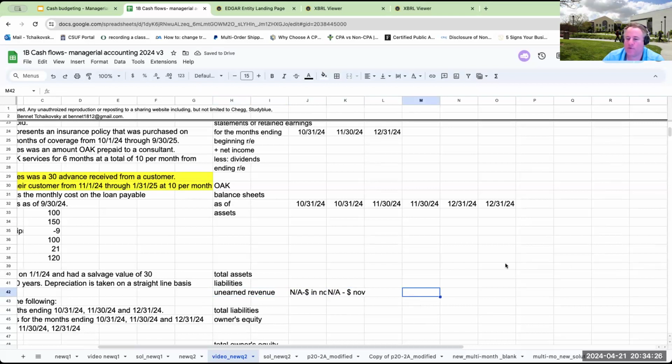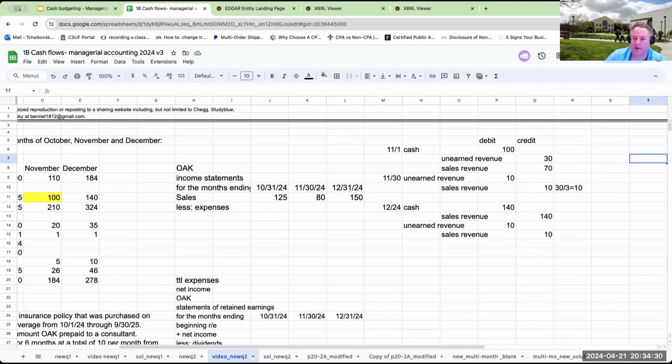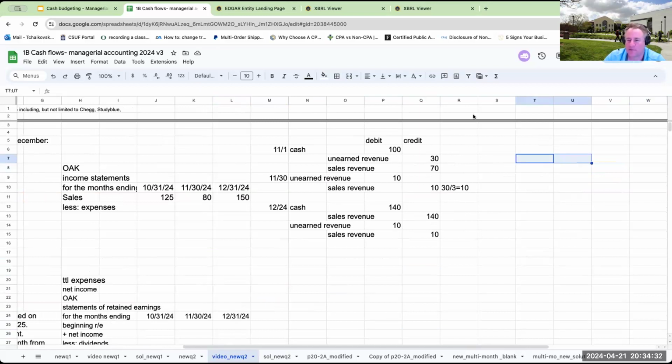However, as of 11/30, what was my unearned revenue balance? Well, what did this look like? I started over here with a balance of 30.